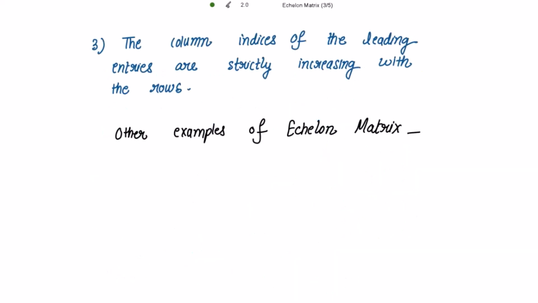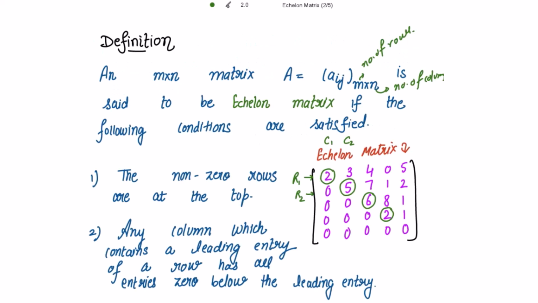Next point: the column indices of the leading entries are strictly increasing with the rows. Now what is the column index? The column index for a row is denoted by L, with the subscript denoting the row number. For the first row, the leading entry is 2, and it is present in column 1, so L1 is 1.